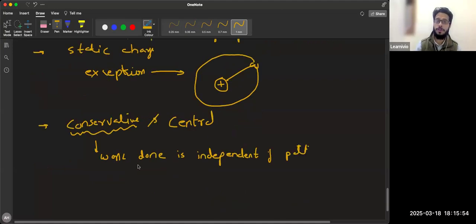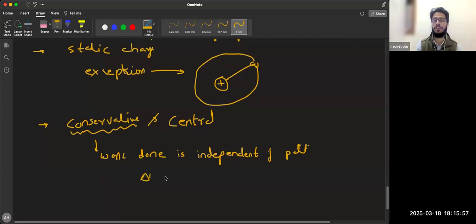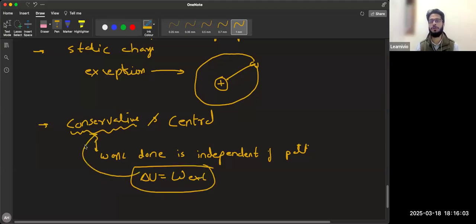And if you have a conservative force, then only you can write that change in potential energy is equal to work done by external force. This is valid for conservative force. So if you have a force which is non-conservative, then you can't use this relation.